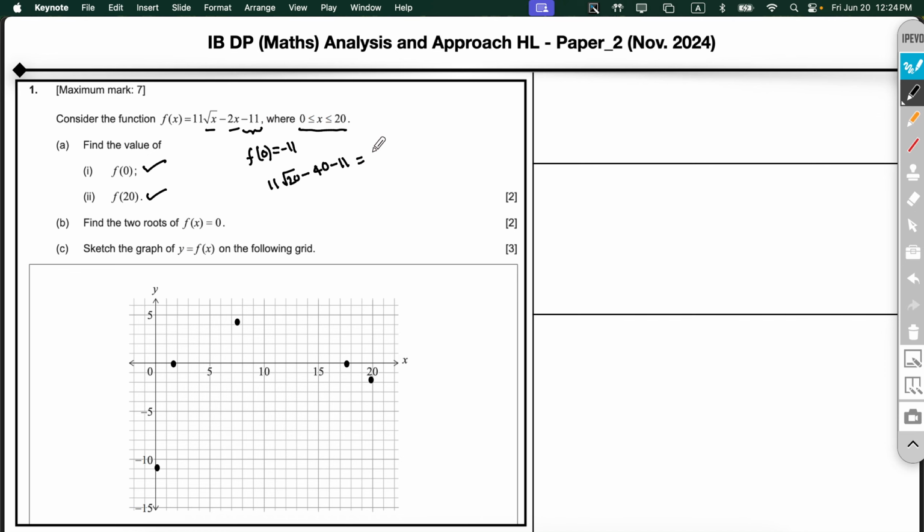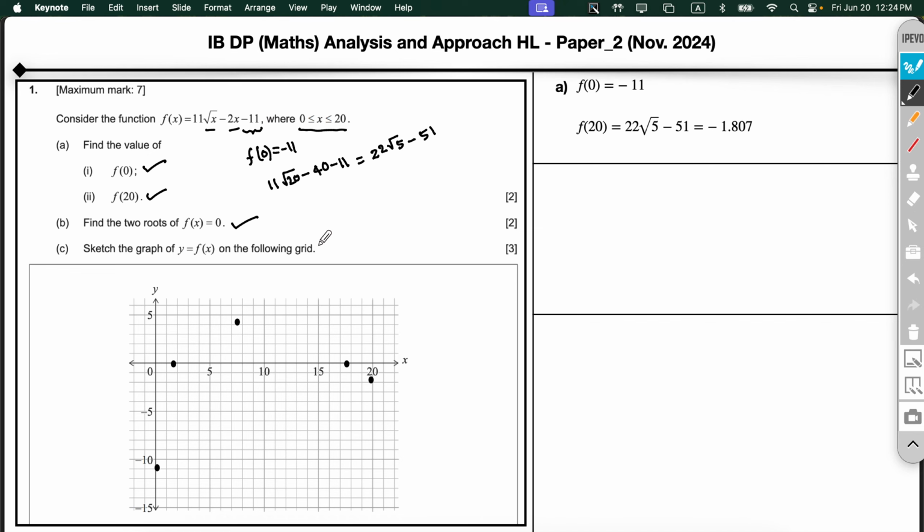So this one gives you 22 square root 5, because square root 20 is 2 root 5, minus 51. If you put it in a calculator and find the approximate value, you get that to be negative 1.807.